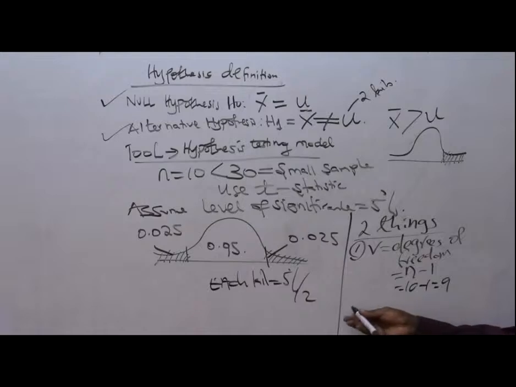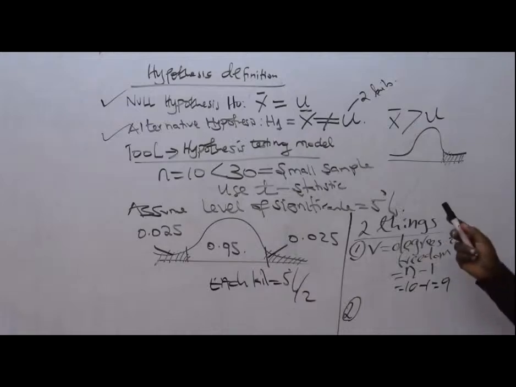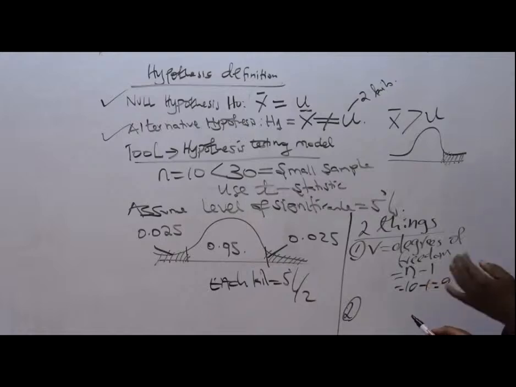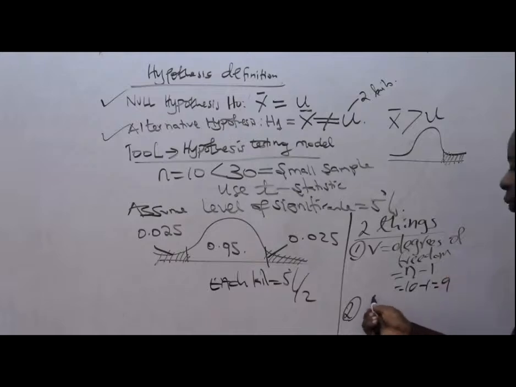And then number 2, in this case, I need the level of significance, this 5%. Alternatively, to get this straight from your tables, to be able to read the T, you will need what we call 1 minus alpha over 2.